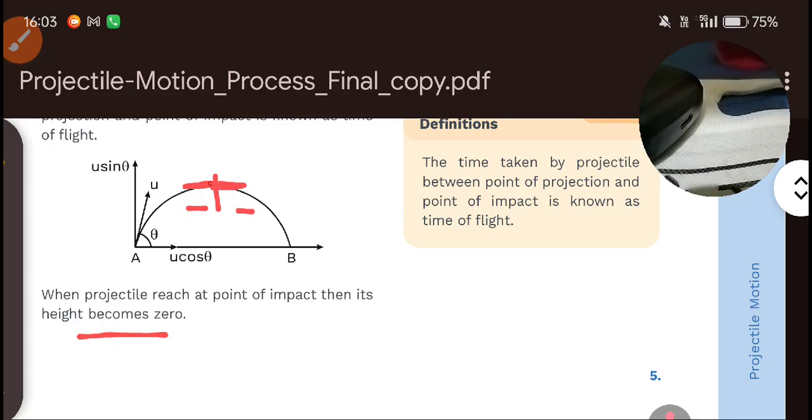This is the highest point for this object. So over here velocity is going to be zero. Now on this side velocity will increase, and on this side velocity will increase.